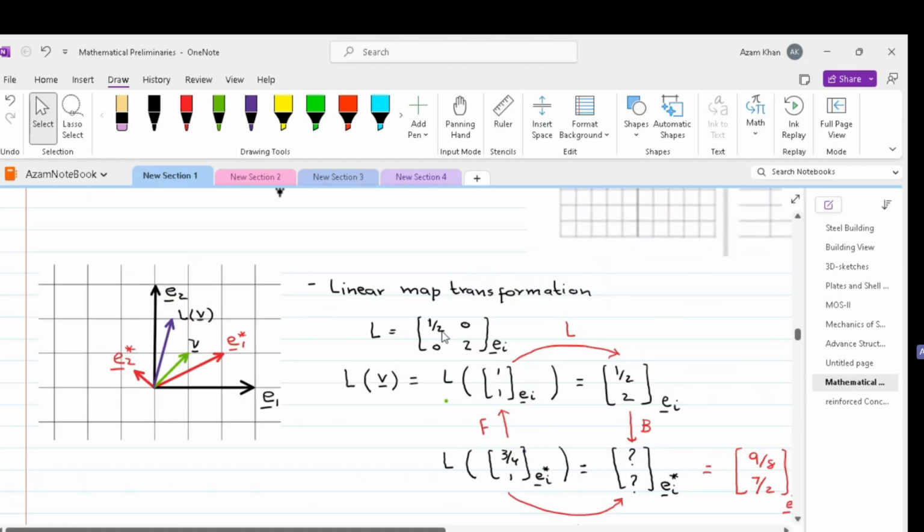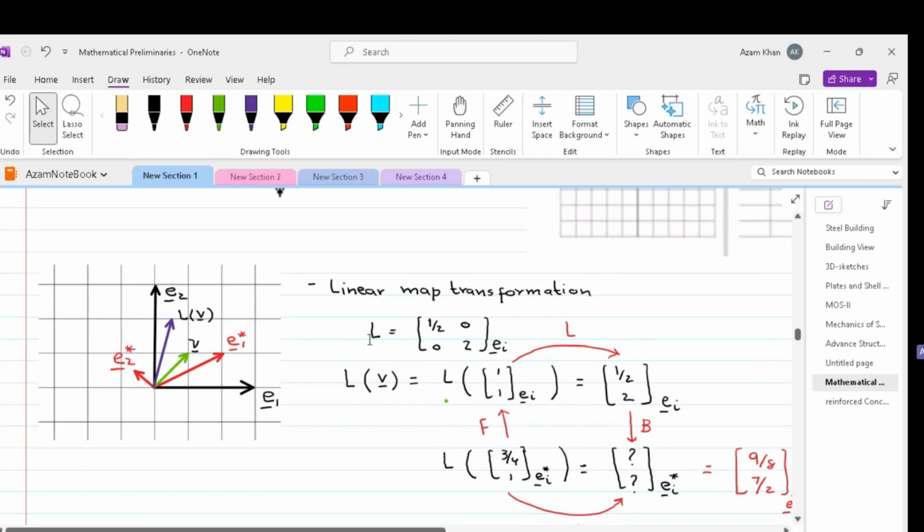Linear map transformations. Let us now discuss how a linear map can be defined in our new axis system. As before, E1 and E2, or symbolically Ei, is the old basis, and E1 star, E2 star, or Ei star, is the new basis.